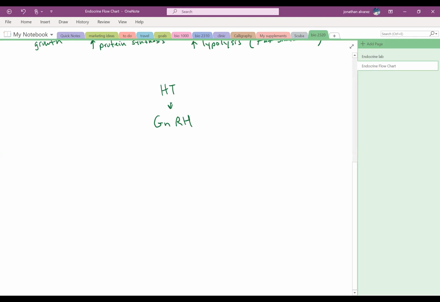Remember the gonads, which is what gonadotropin stands for: the gonads in men are the testes, and the gonads in women are the ovaries.